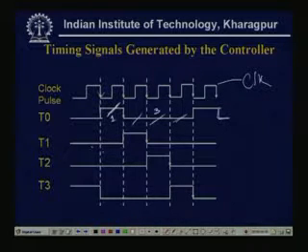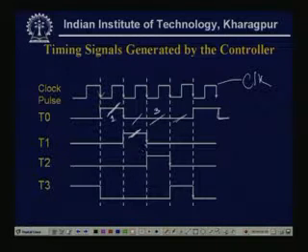Now, T1 is high only in the second clock pulse. At the trailing edge of T0, T1 becomes high, only for 1 clock pulse of the master clock, and then again it becomes low.